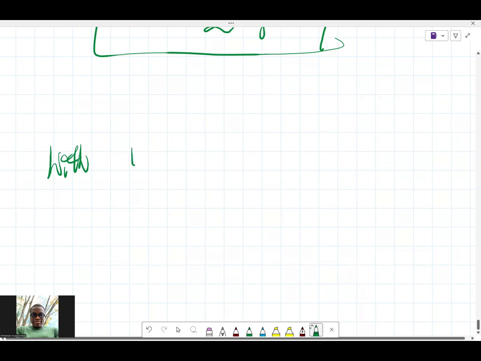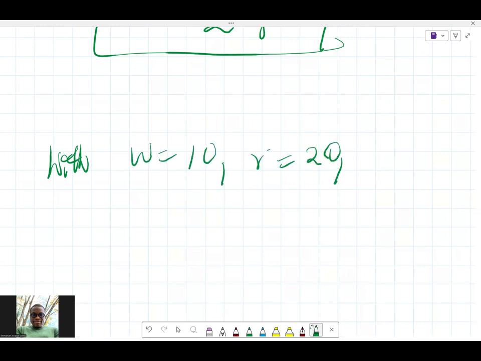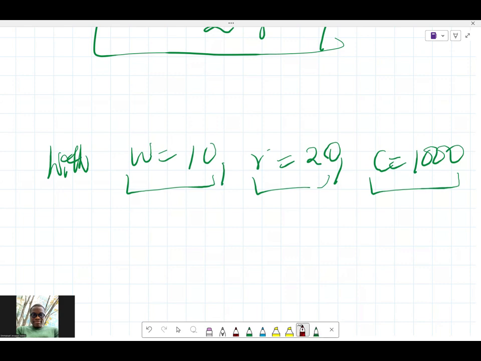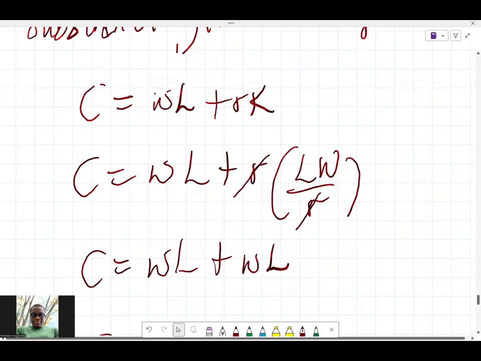With W being 10 and R being 20 and C being 1,000, the total budget is 1,000. So this is the rate for the labor, this is the rate for the capital, which is 20, and this is the total budget. So we can actually get specific values.